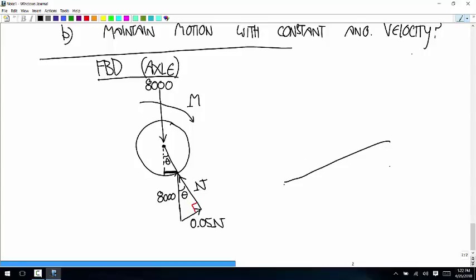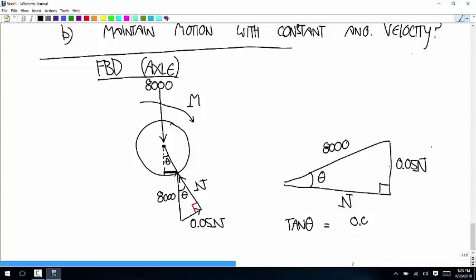So let's think about that triangle. This hypotenuse is 8,000. This is N. This is 0.05 N. And this is theta. So SOHCAHTOA says the tangent of theta is equal to 0.05 N divided by N, or 0.05.